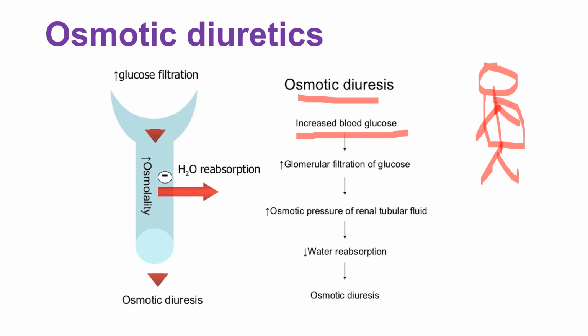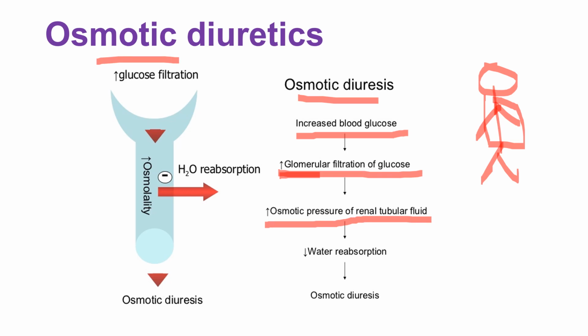Definitely more volume of blood means there will be increased glomerular filtration, and there will be increased glomerular filtration of glucose too.